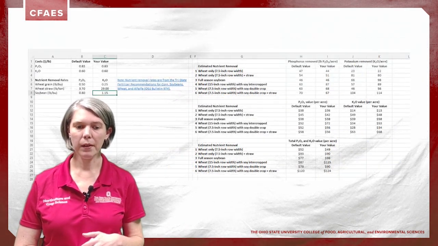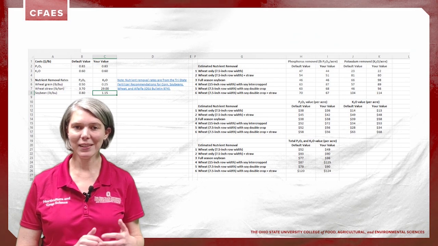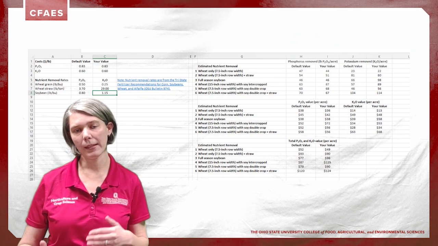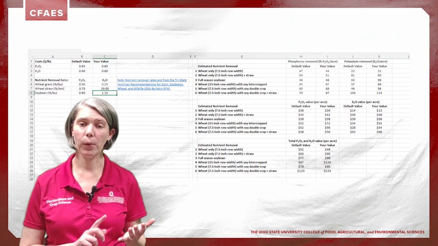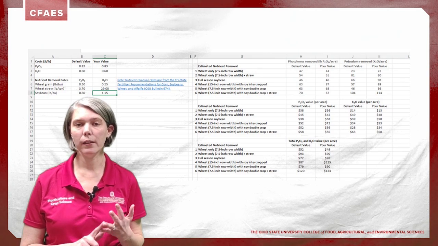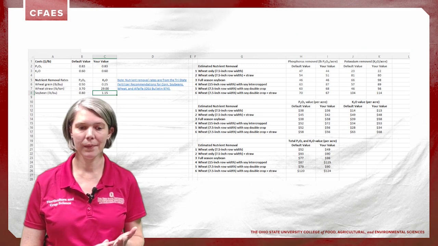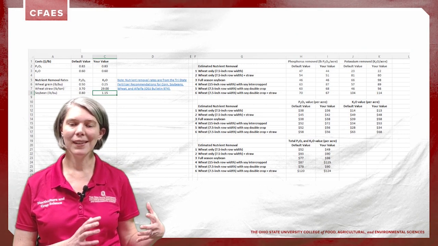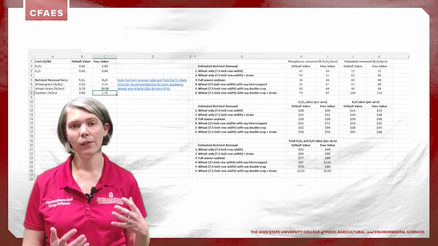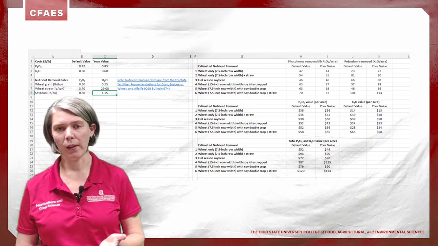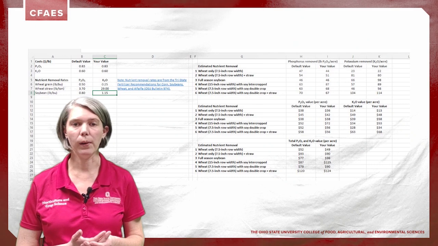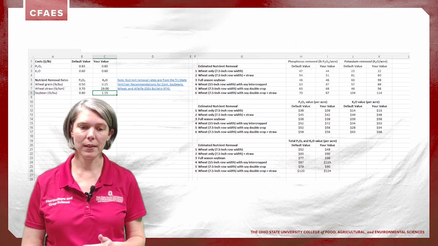The third tab shows an estimate of phosphorus and potassium removed from wheat grain, wheat straw, and also soybean grain. We know when we harvest two crops within a single cropping year, we're also removing more K2O and P2O5 from the system.